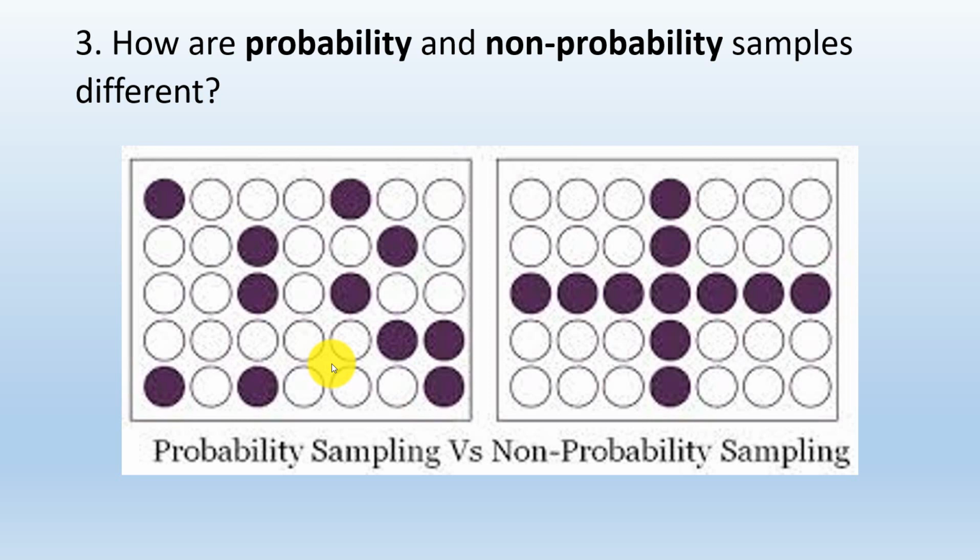It's more randomized, and it's going to, in terms of probability, make it a little more probable that you're going to have a representative sample than if you're selecting the participant yourself. Again, I stress that opens up the opportunity for a great deal more bias on the part of the researcher.